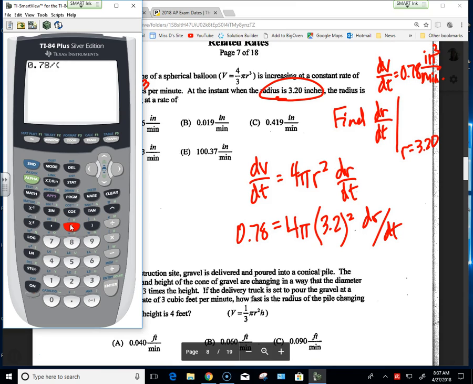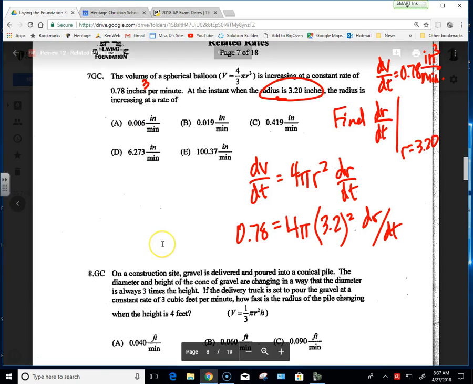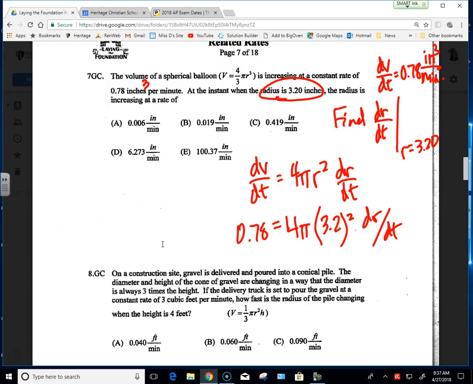If you don't put the big old parenthesis, you're going to mess it all up. But if you put the big old parenthesis, divide by 4 and pi and 3.2 squared. 0.006. Yeah, no, it's so dangerous.